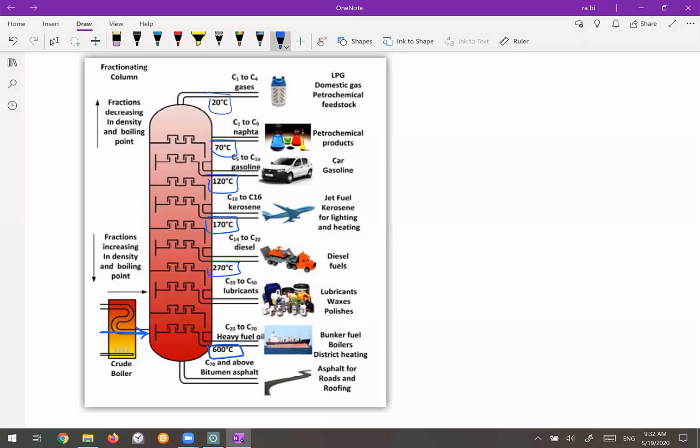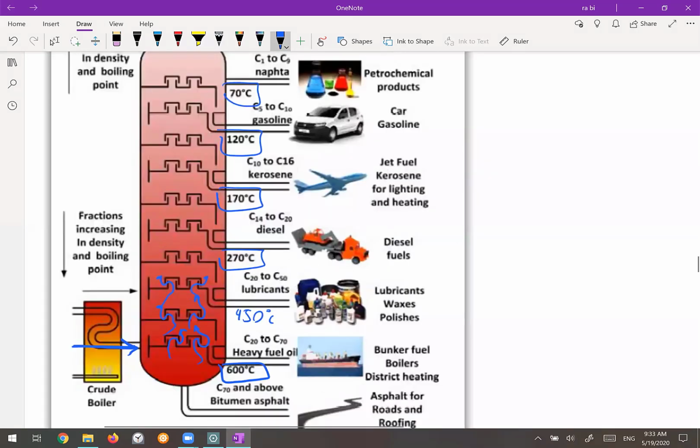When they convert to gas, they go up in the column. But as they are going up, the temperature drops. Suppose they reach here, the temperature would be around 450 degrees. So what happens at that point?